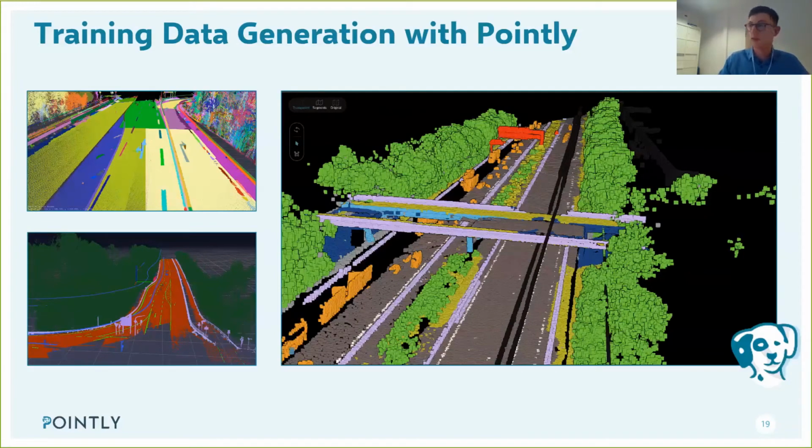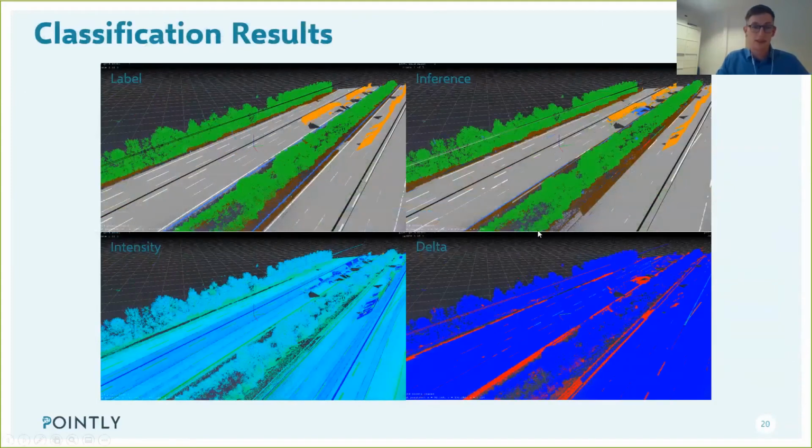So here's a small comparison of labeling work. The ground truth top left that we manually did, and top right, this is the model inference that was created. And this is some of the test data, so our model hasn't seen this exact scene before. And on the bottom right, we see the data. It's not a perfect prediction right now, but we see the scene in general is understood.